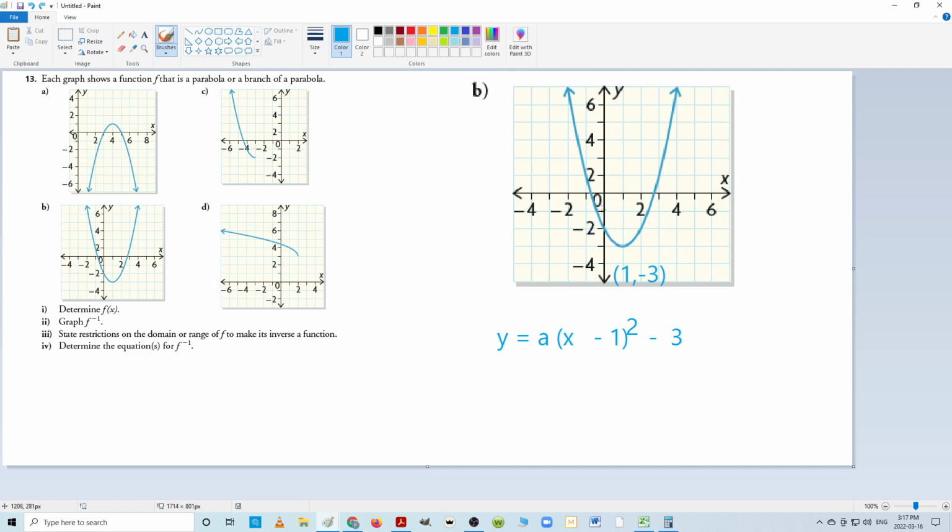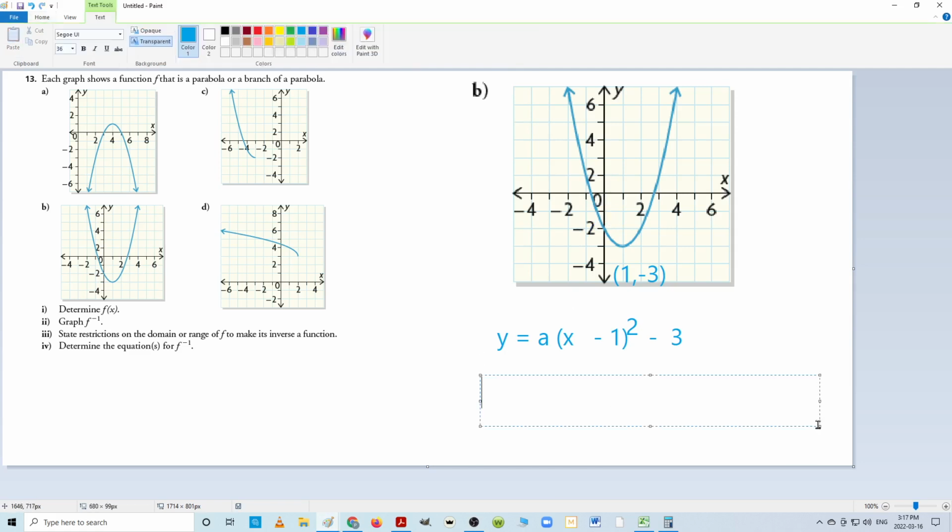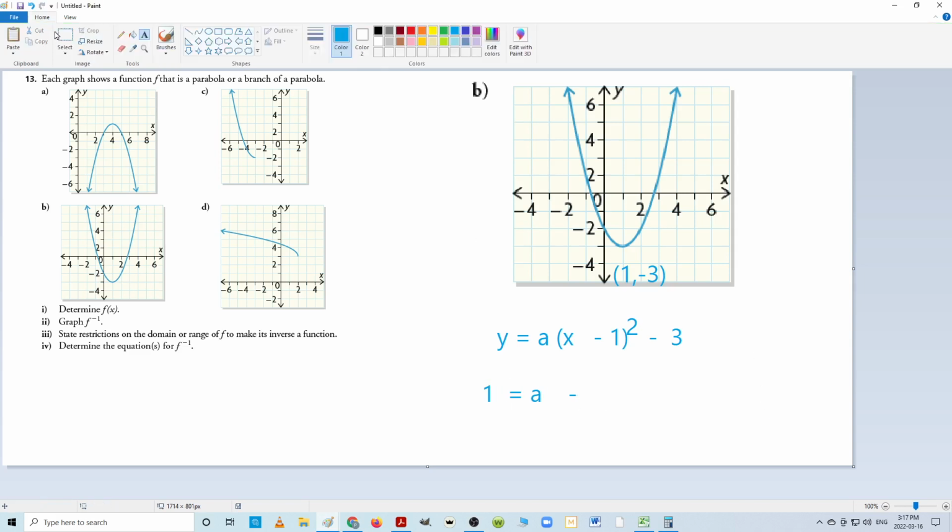And there's not a lot of other clean points, so I'm going to use that y-intercept, which means y is minus 2 when x is 0. So when x is 0, I get minus 1 squared, which is 1. So it's that. Which means I add 3 to both sides, and a is 1 or nonexistent. So really, this is the formula. And I can tell you that the inverse formula is going to be this.